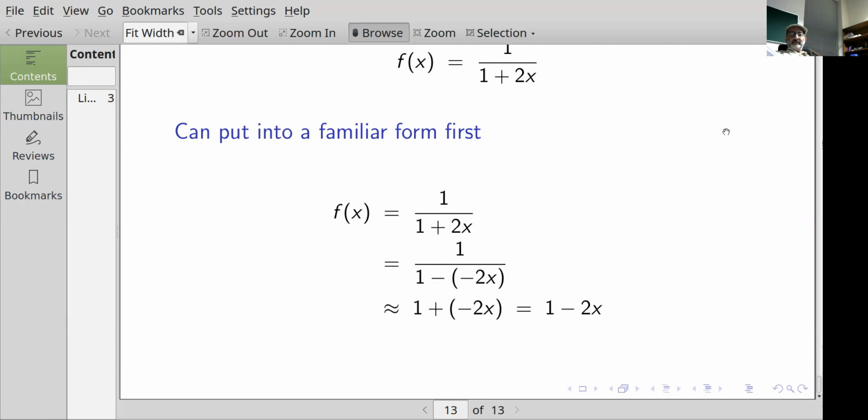So 1 over 1 minus minus 2x is approximately equal to 1 plus minus 2x by our previous result, which is equal to 1 minus 2x. So sometimes you can use your previous linearizations to help you do a linearization, and you don't have to then take a derivative and so on. Okay, so that's it for this.